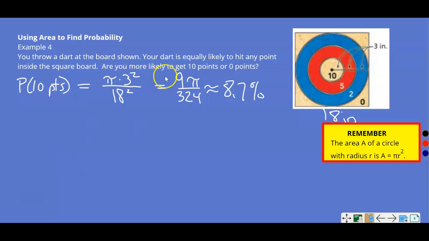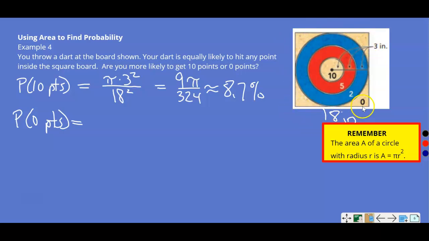Now it says, are you more likely to hit 10 points or 0 points? So now we need to find the probability of 0 points. You can see it's 5 points in the middle, 5, 2, and 0 is this outside edge here. So this one's going to be a little bit more tricky. How do we find the area of this outside the circle? It's inside the square, but outside the circle.